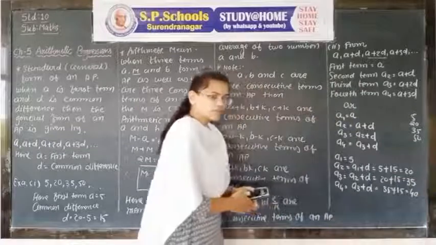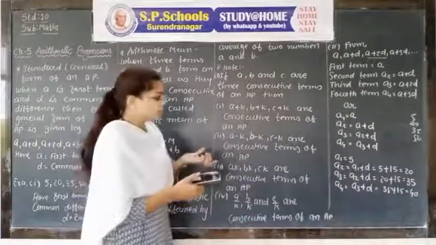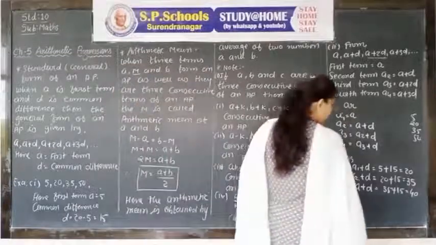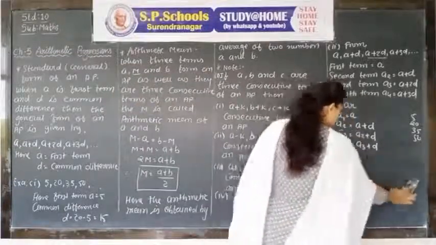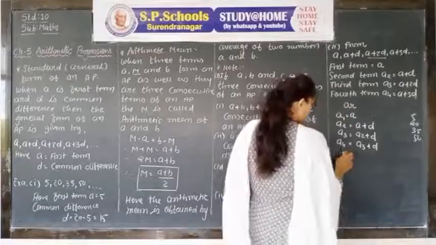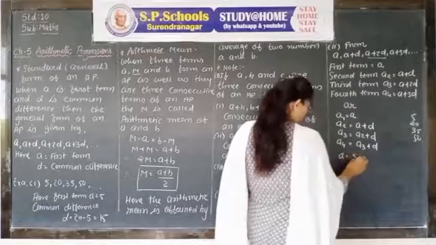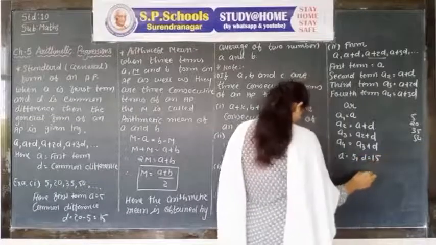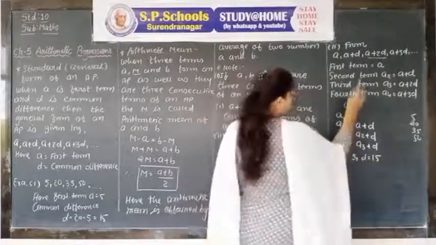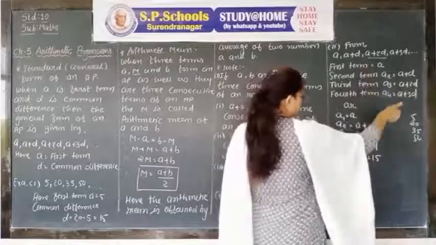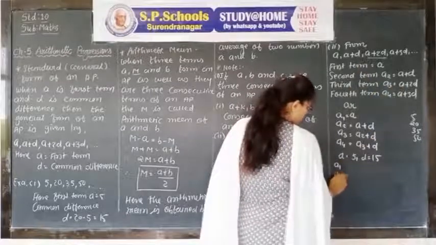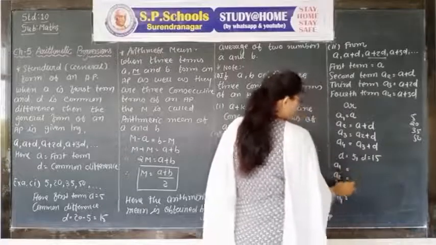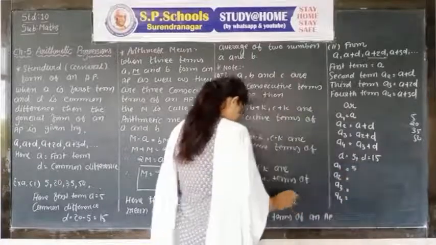It is the first way to find the terms of an AP whenever we know the first term and the common difference. Again, there is a second way. The first term A is equal to 5 and the common difference D is equal to 15. Using A, A plus D, A plus 2D and A plus 3D as A1, A2, A3, A4: A1 is A, equal to 5.